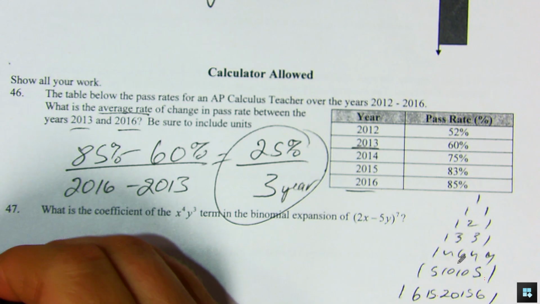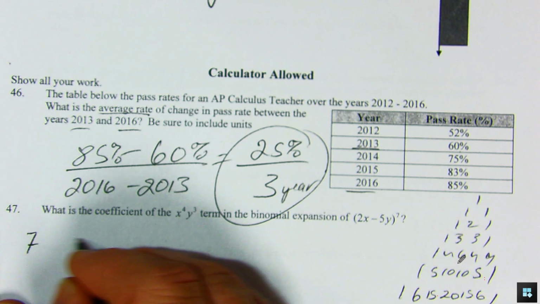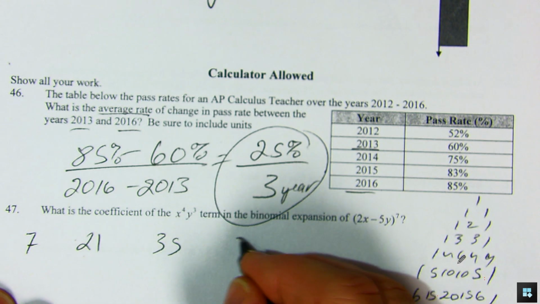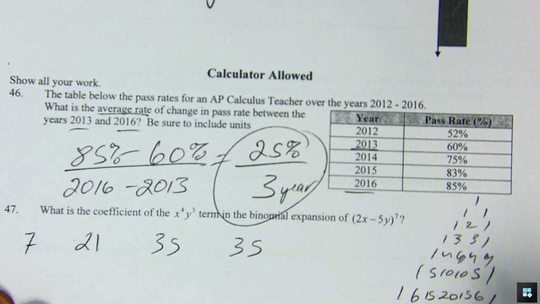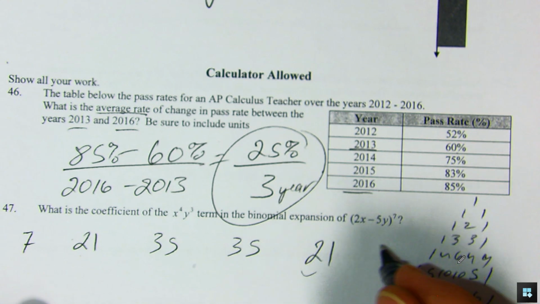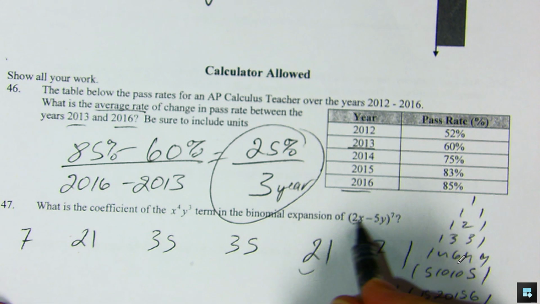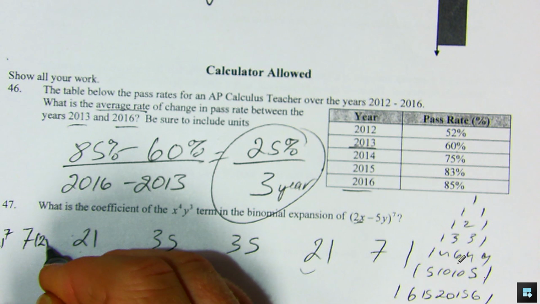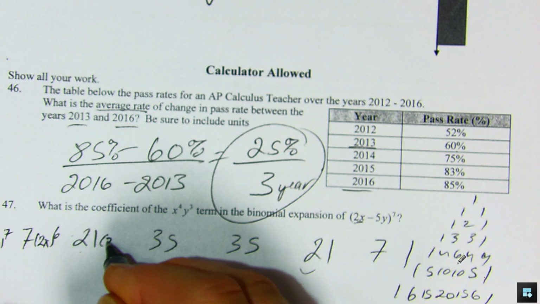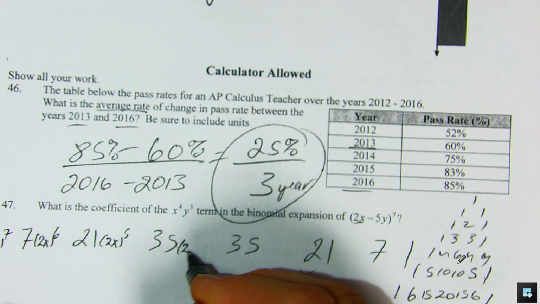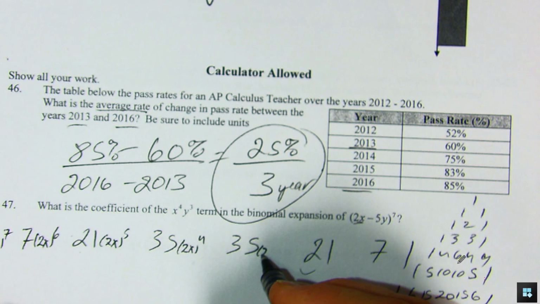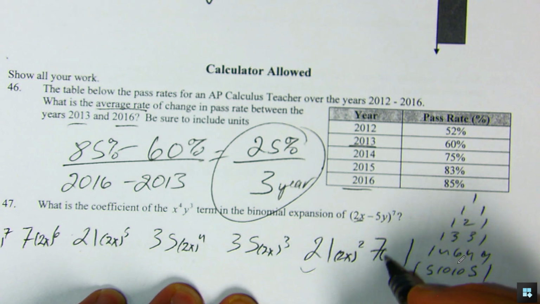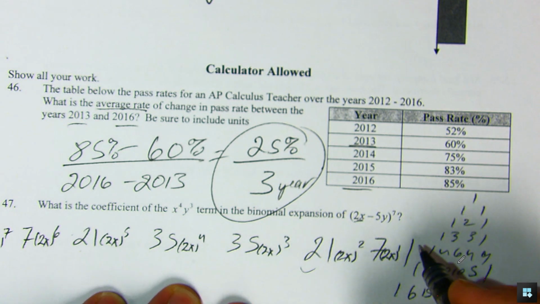So we have 1, 7, 21, 35, 35, 21, 7, and 1. Start out with 2x to the 7th, 2x to the 6th, 2x to the 5th, to the 4th, to the 3rd, squared, to the 1, to 0.